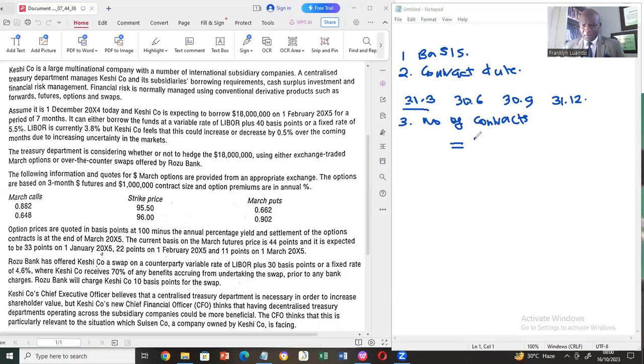So the amount to be invested. In this case, we are investing.